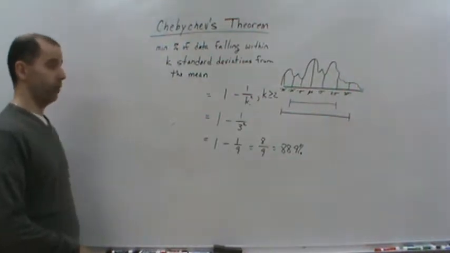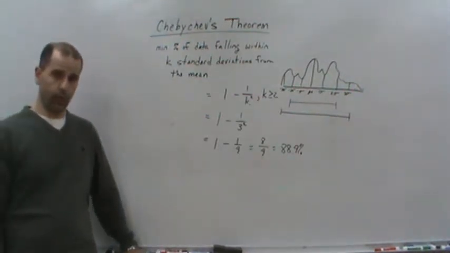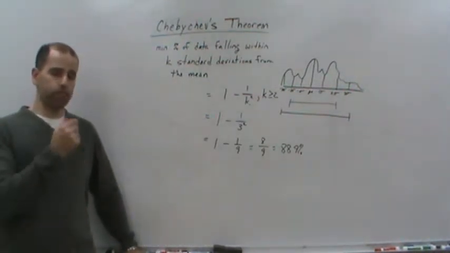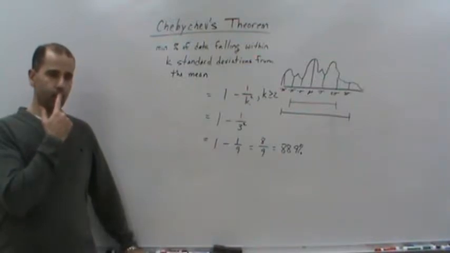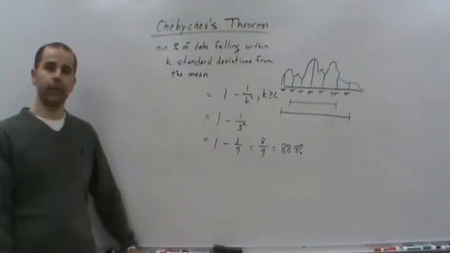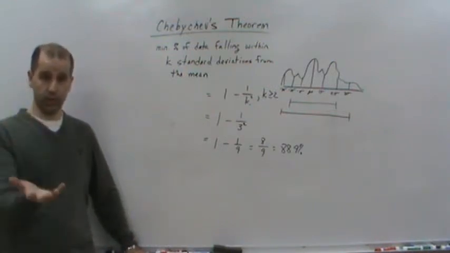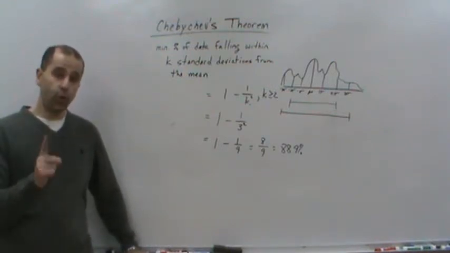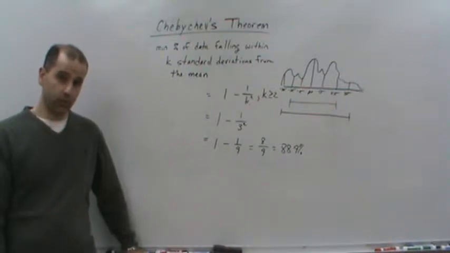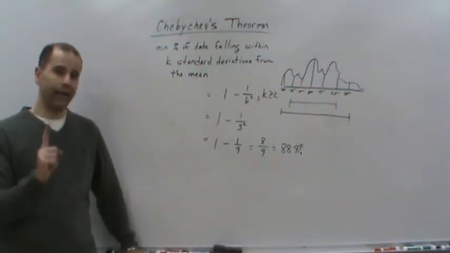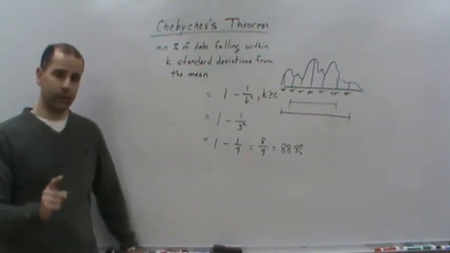Okay, so now, what's the next general rule? Well, the next general rule is based on some extra information. What if you do know something about the population distribution? What if you know that the population is bell-shaped and symmetric?